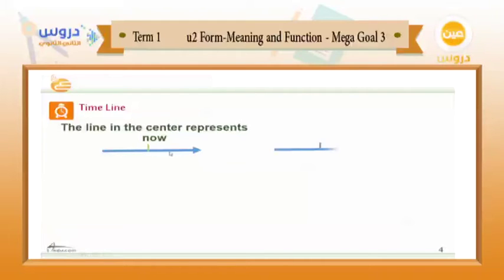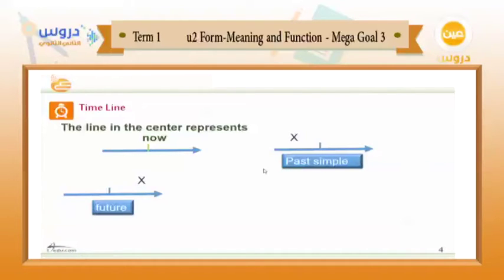For example, for this timeline, X here, before now, it represents what? Past. Excellent. This is past simple. And what about this? Future, of course. Excellent.